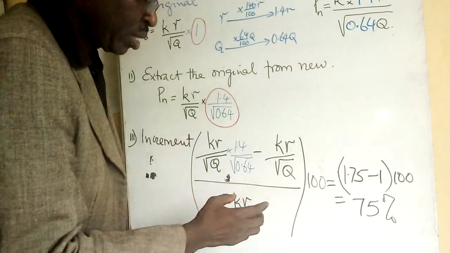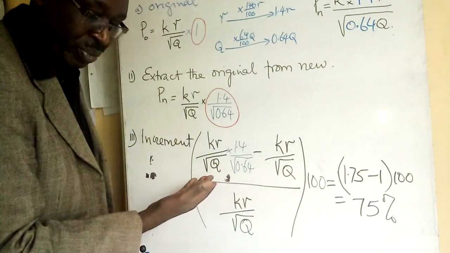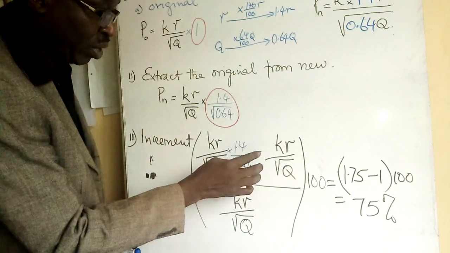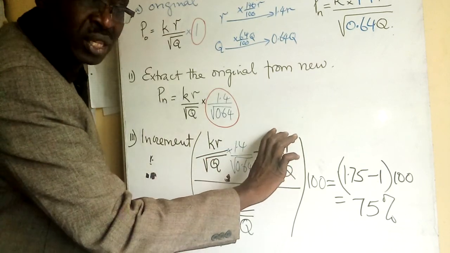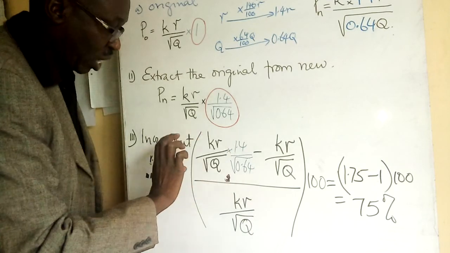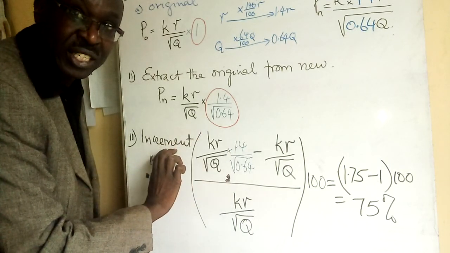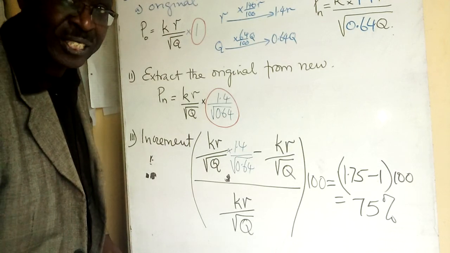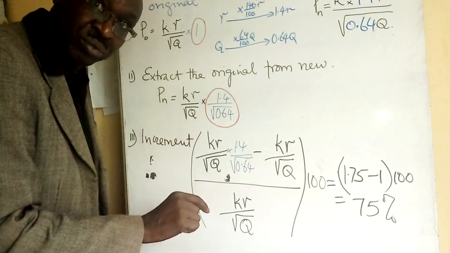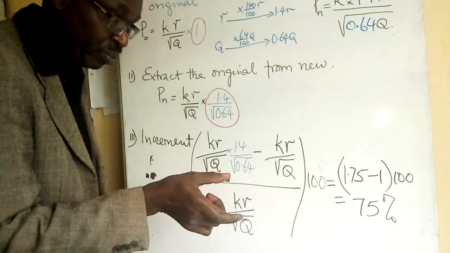Concentrate here. Those who get a problem here, I think you can factorize it. KR over square root of Q is common here, so I can remove it outside the bracket. But I don't want to. That is what you can do at home.